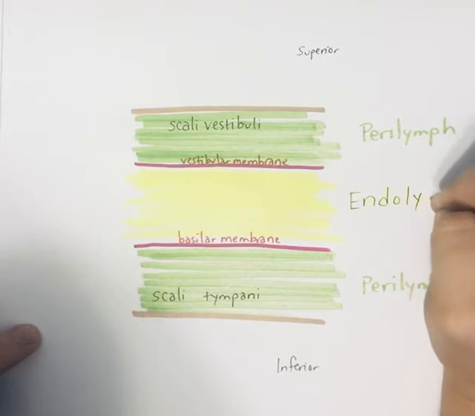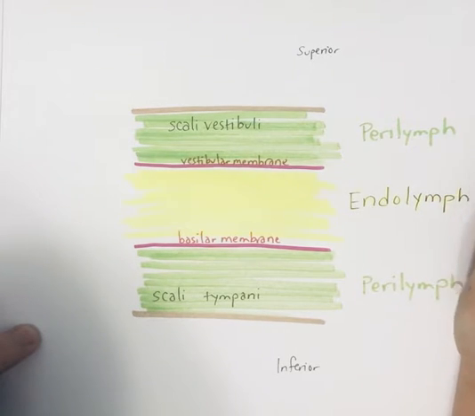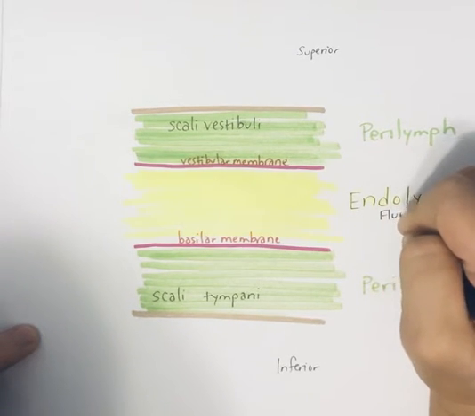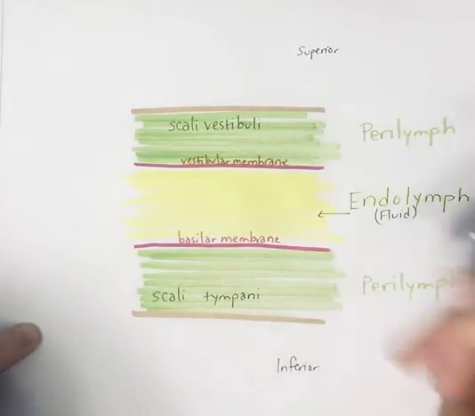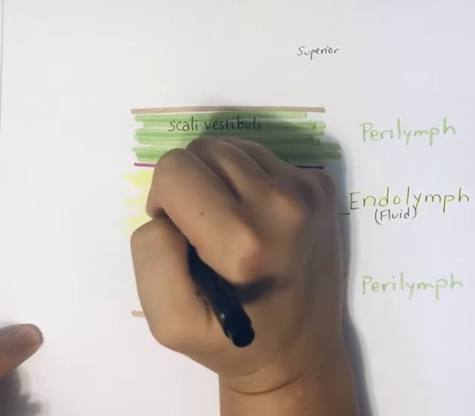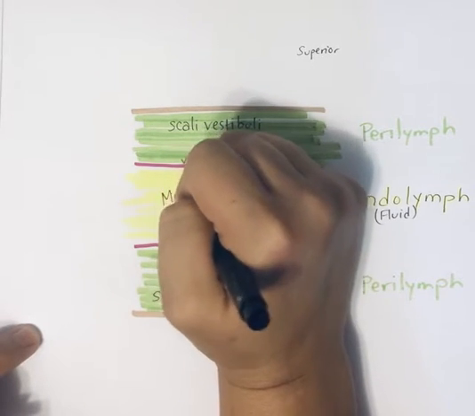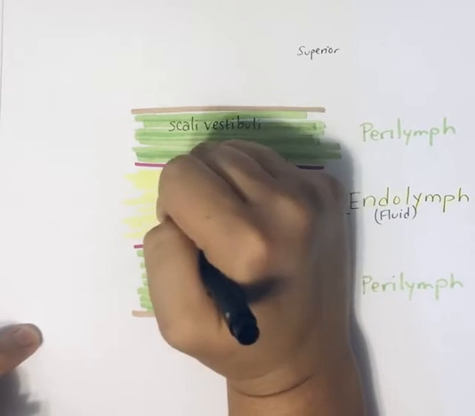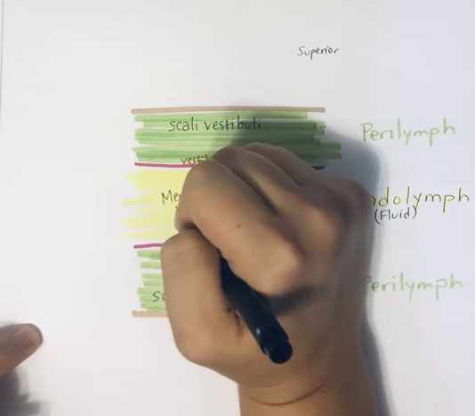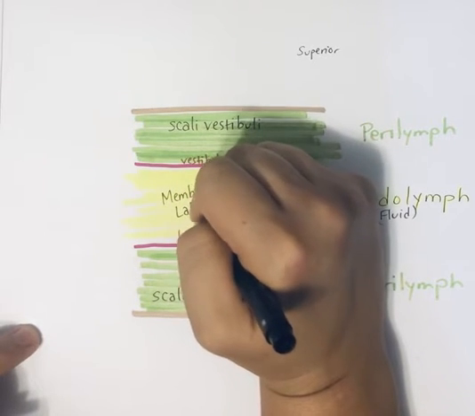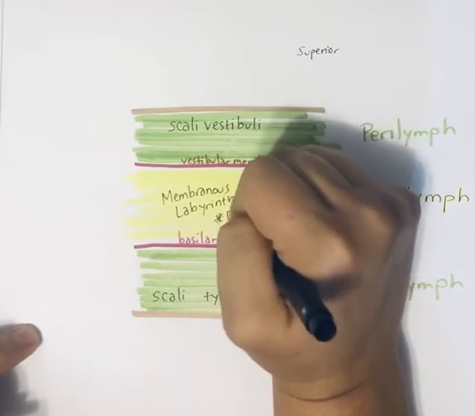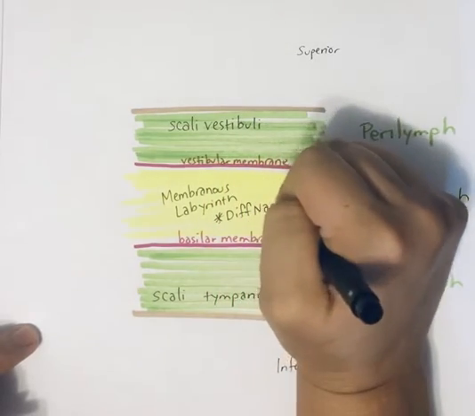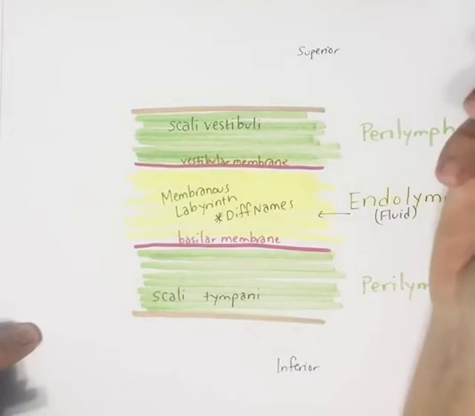This is the fluid inside of the membranous labyrinth, which is going to have different names in each region, and it's always going to be filled with endolymph.